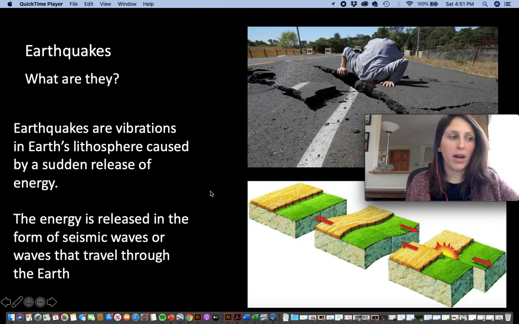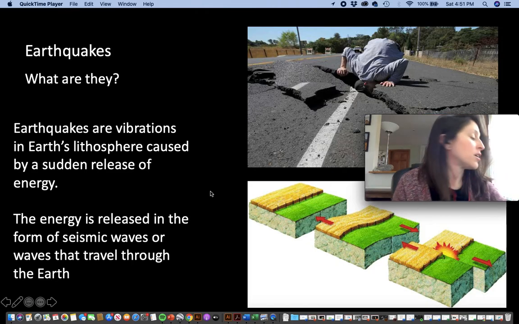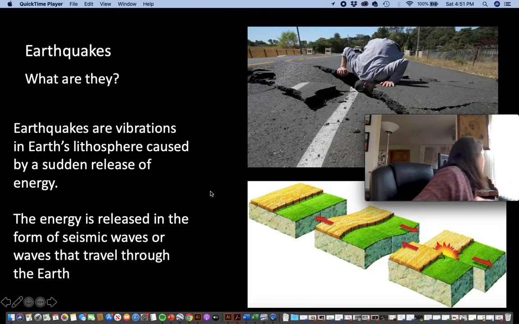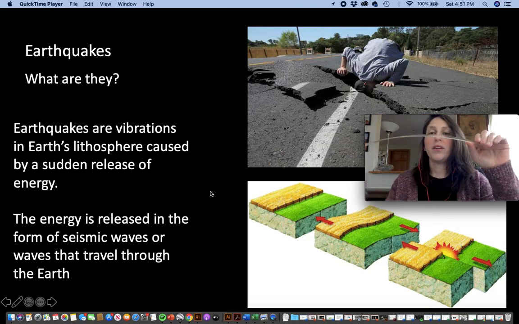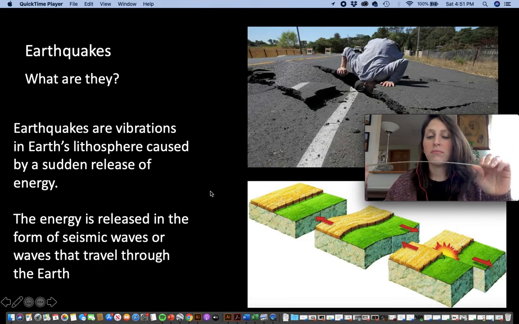If you remember my ruler analogy from a few weeks ago, let me grab a ruler. This ruler is an analogy for the Earth's crust. I'm building up energy in this ruler as I bend it, and if I release it, the ruler goes back to its original shape. This is called elastic strain.